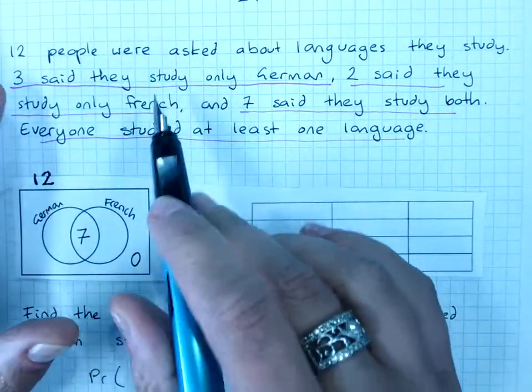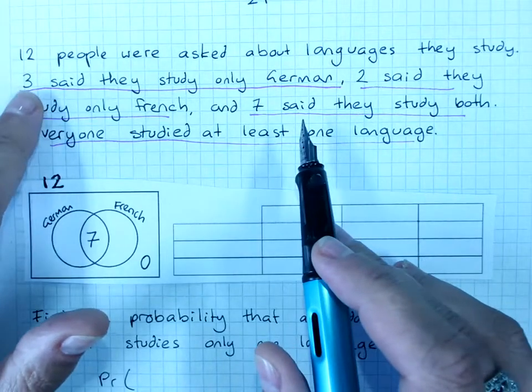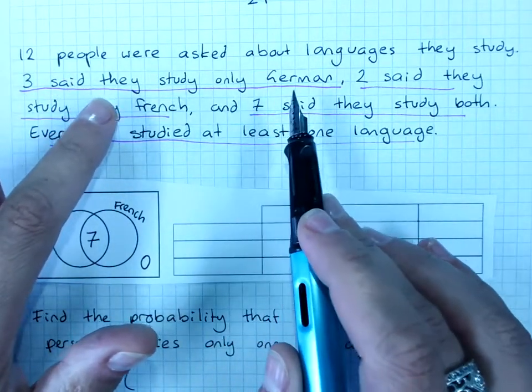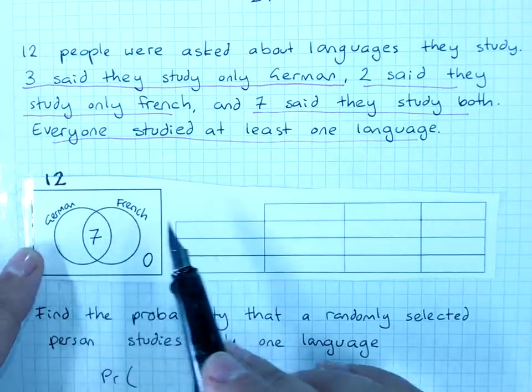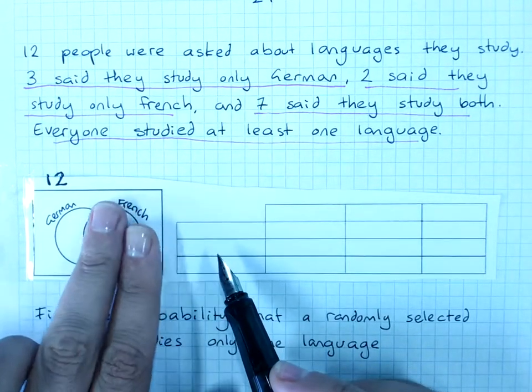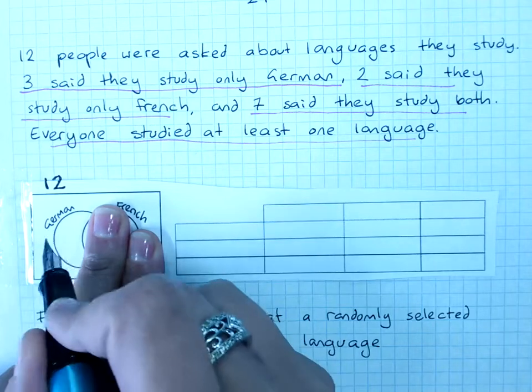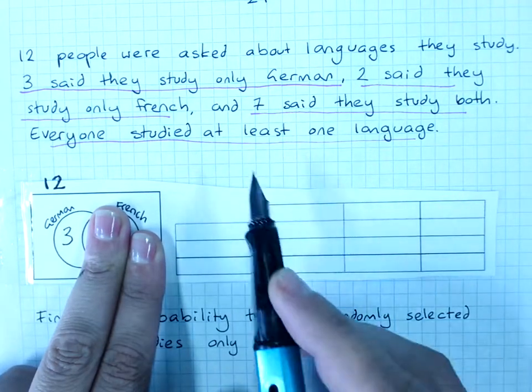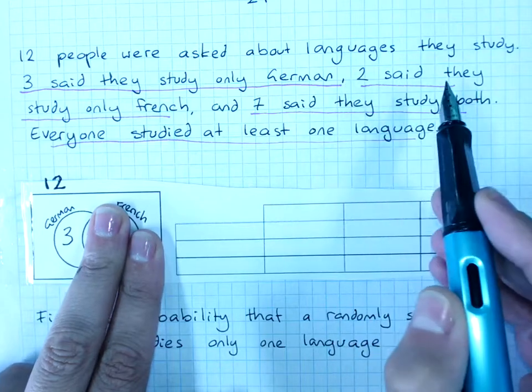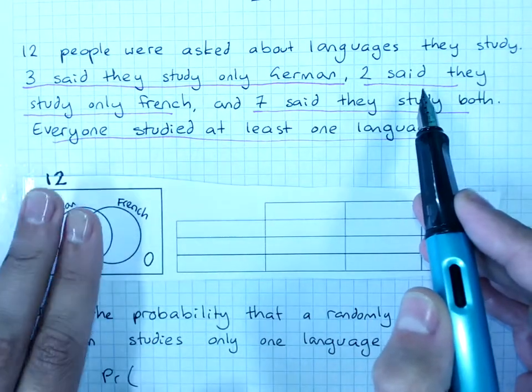But look where this 3 and 2 go. 3 said they study only German. That means 3 people have to be in the German circle, but not in the French circle. These people in here study only German, and that's 3 of them. 2 said they study only French.